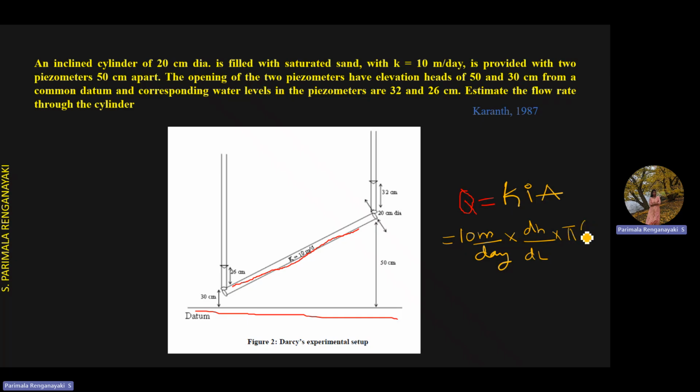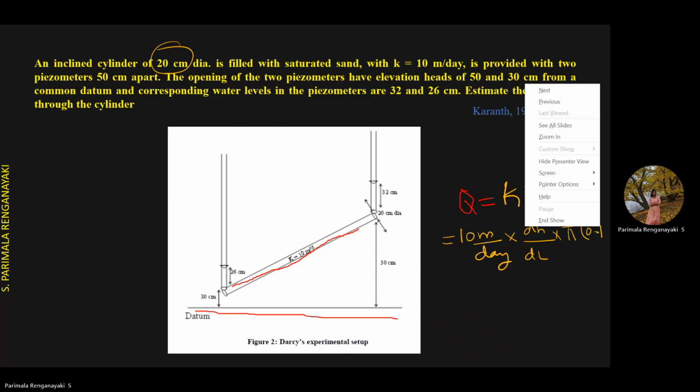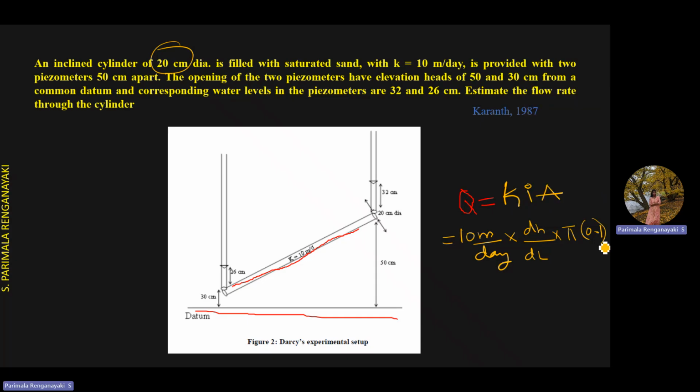So pi we know. R: here they have given the diameter of the pipe, which is 20 centimeter, so the radius is 10 centimeter. That I consider as 0.1, 0.1 whole square.